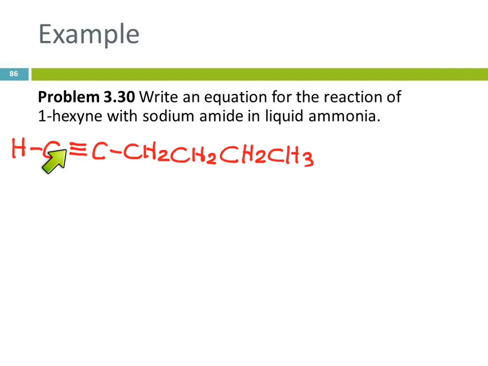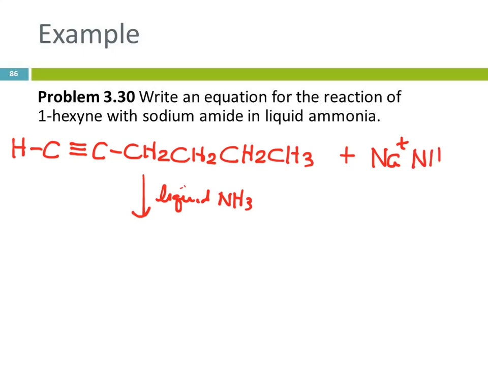Hexyne, triple bond on the first carbon. So liquid ammonia, and plus Na plus NH2 minus.